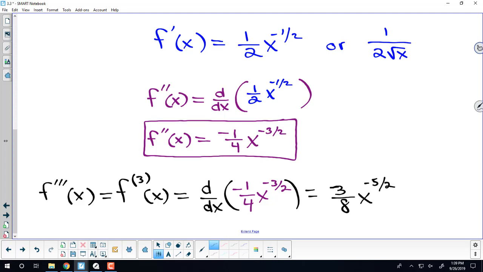So that's our third derivative. All right. Any questions on that?